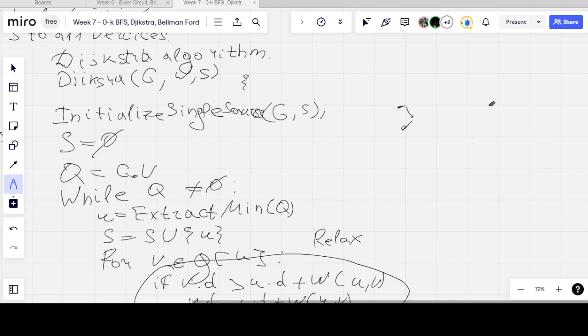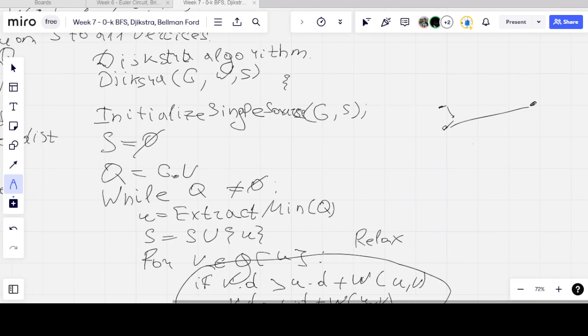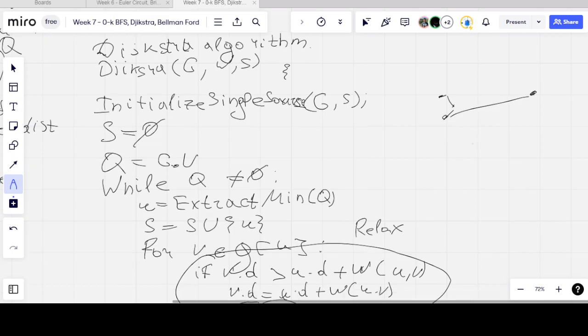It's obvious that this path will be the shortest path, because in Q we have some vertices and weights, and the minimum weight will be included in our path. Do you understand this algorithm or not?